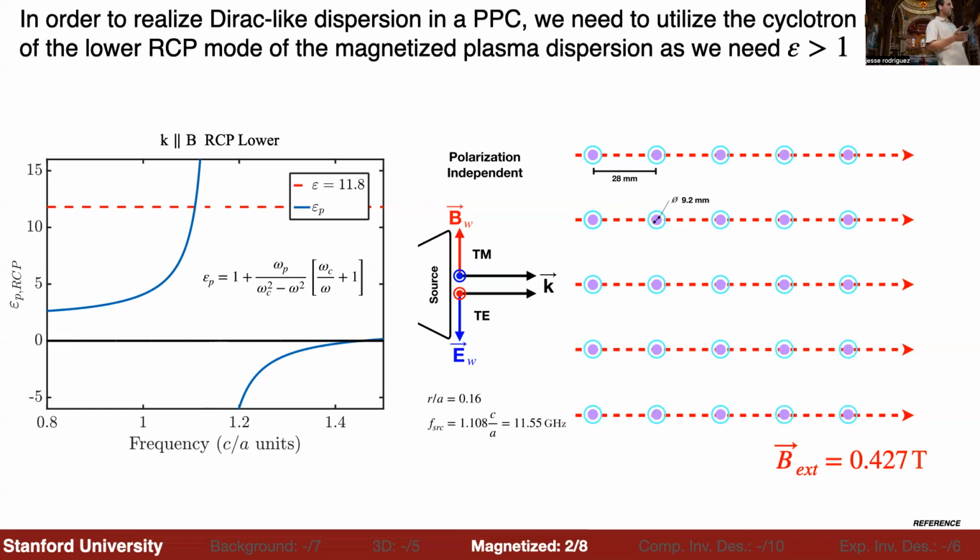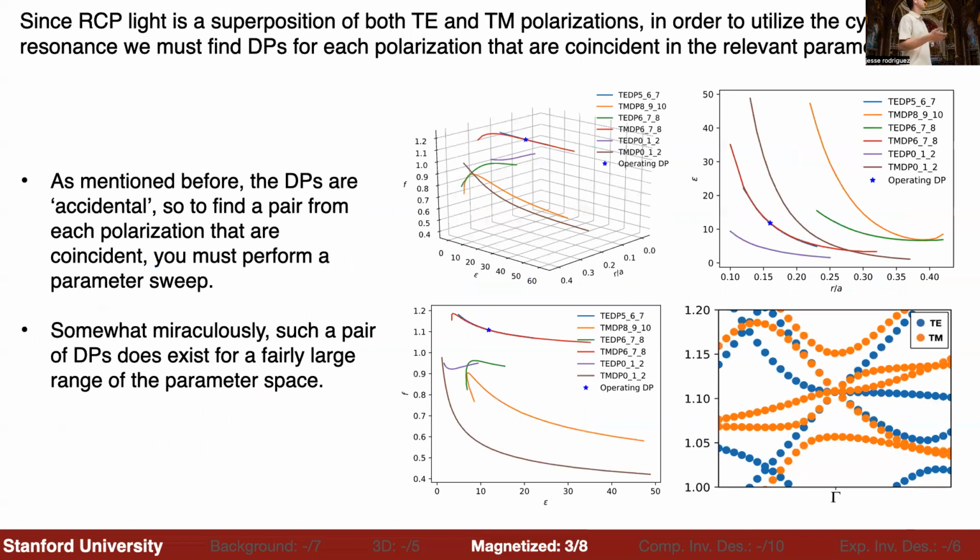So if you want this to work, you need to find Dirac points that are coincident in the parameter space of frequency, dielectric constant, and rod spacing for both the TE and TM polarization. And like I said, these are accidental degeneracies, so there's no way to predict or analytically find these coincident Dirac points. What you have to do is a parameter sweep. And somewhat miraculously, you can actually find such a pair of Dirac points.